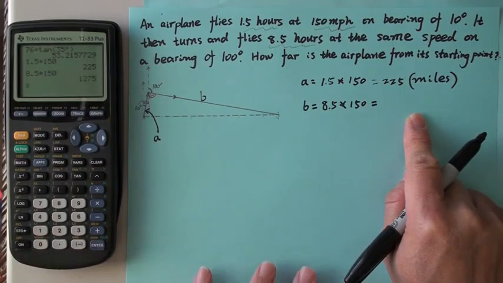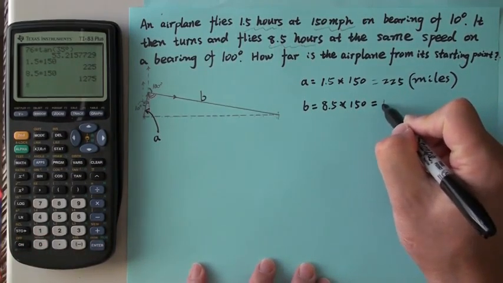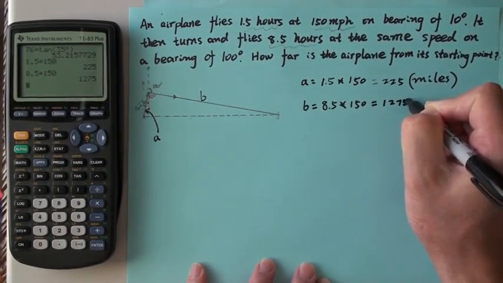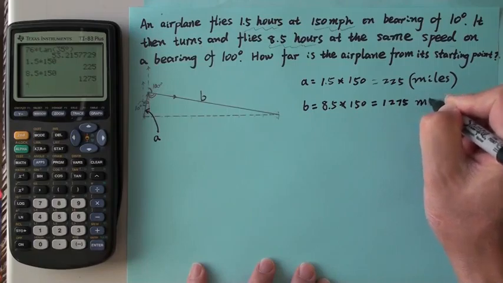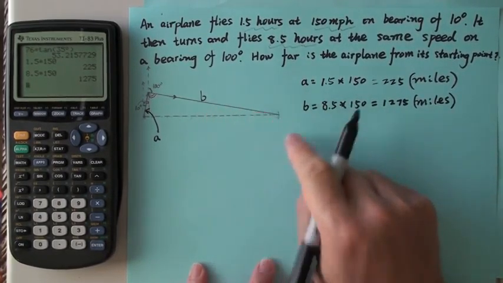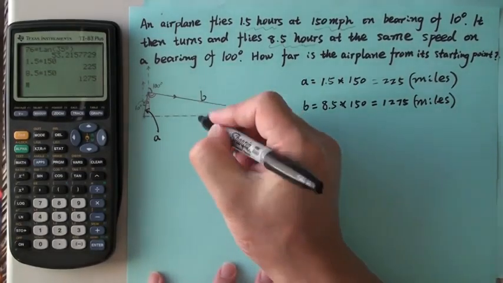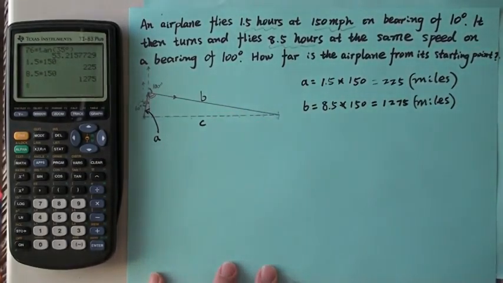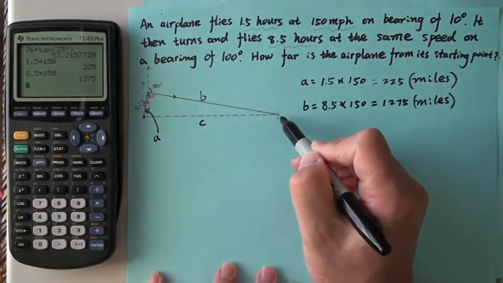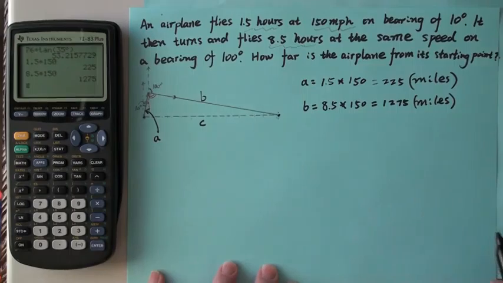You hit enter, you then have 1,275 miles. That's B. So we need to find out C. C is the distance from the starting point to the point right here.